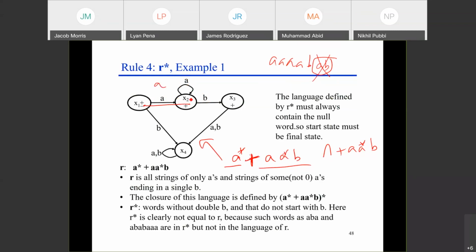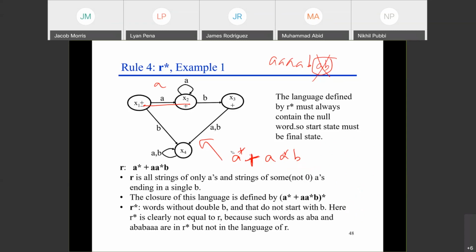But by this, you will not get only A. By this, you will not get two A's, three A's, because this will guarantee that this A and this B must be there. So this set, you will not get from this regular expression. Okay, so this is not good. So that's why we do not write only lambda with that, but we want to write lambda, and we achieve lambda by this way of writing. So we write this thing.